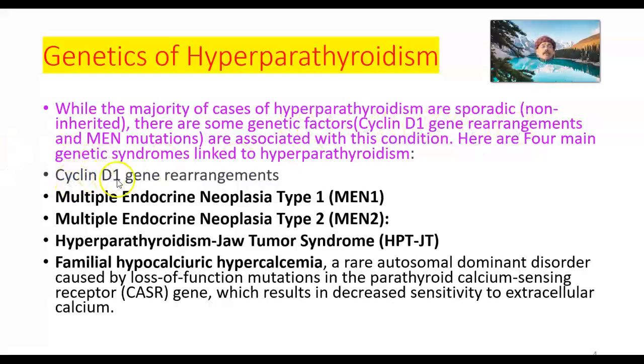So we have the cyclin D1 gene rearrangement. We already discussed that. Then we got the multiple endocrine neoplasia 1 and multiple endocrine neoplasia type 2, which give parathyroid hyperplasia.